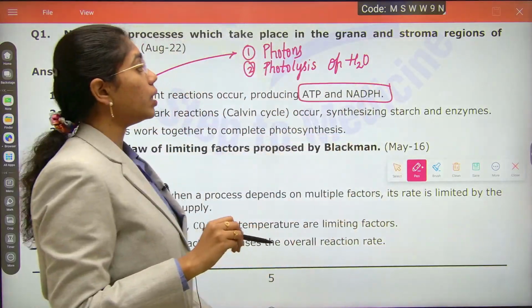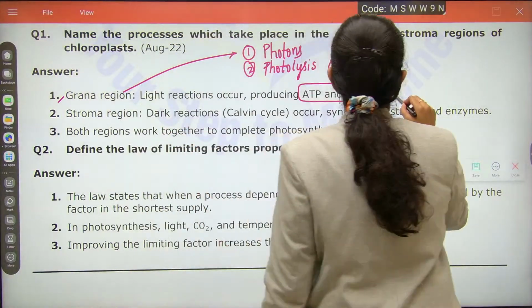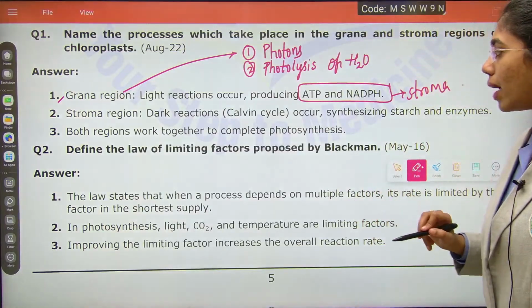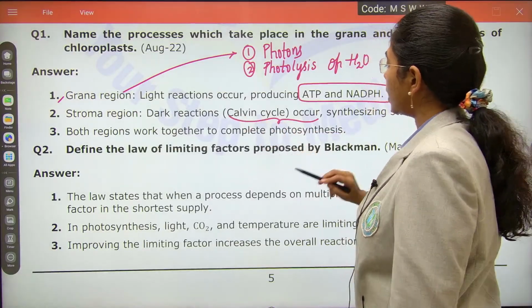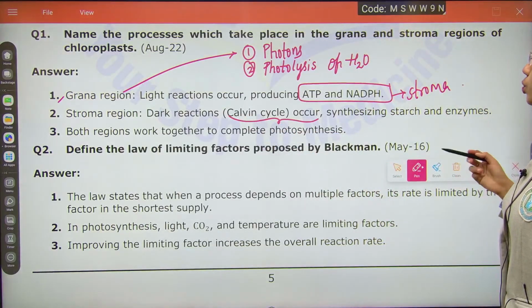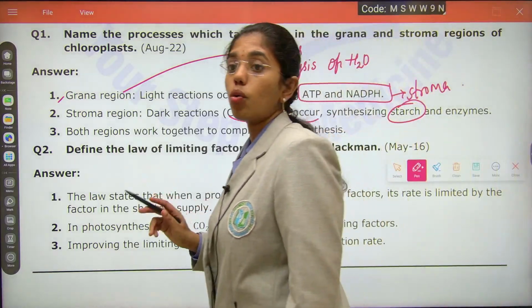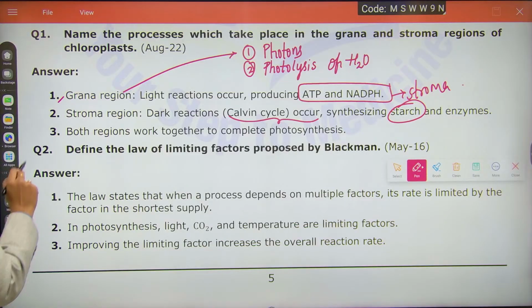These are formed towards the stroma, not in the grana region. In the stroma region, dark reactions will occur, where the Calvin cycle, the C3 cycle, is operated. This will synthesize starch and sugars. Both regions work together to complete the photosynthesis process.